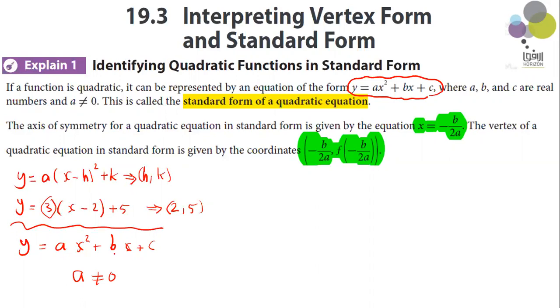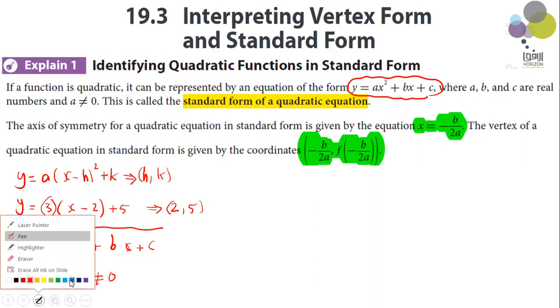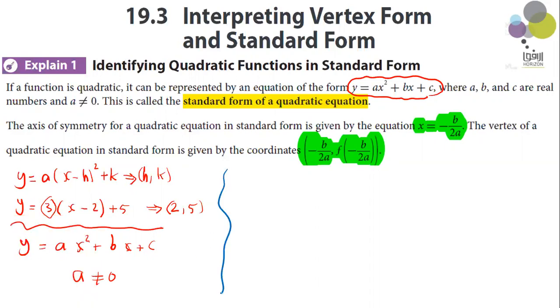But b can be 0. In this case, if b equals 0 in the standard form, y will be equal to ax squared plus c. There is no x term.